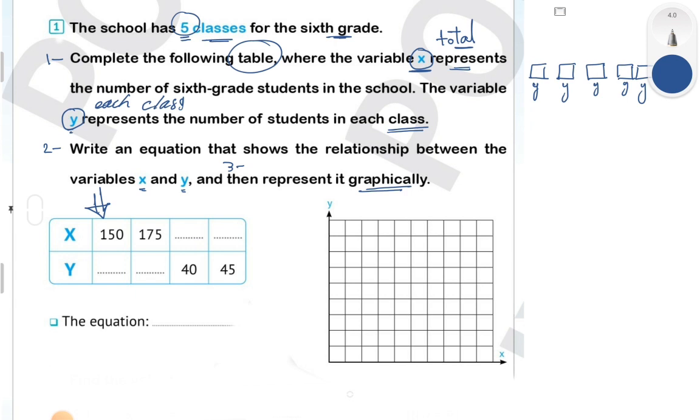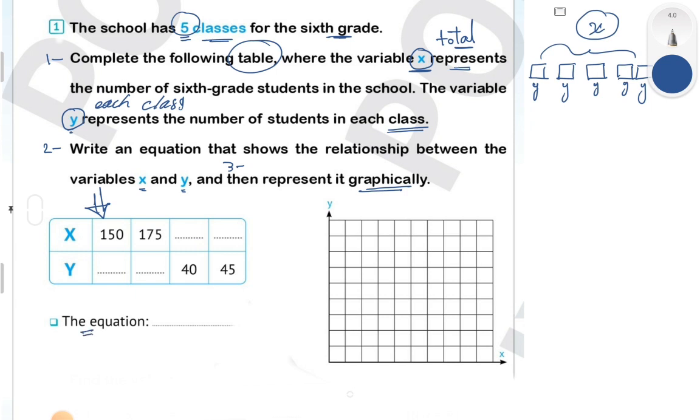Now, the total is x. The total number of students is x. Now, I will divide x by 5 to distribute the x number over 5 classes. Now I need to find an equation.